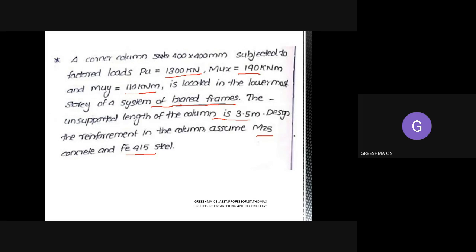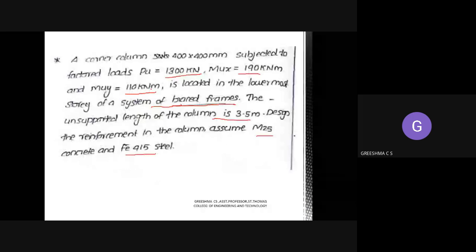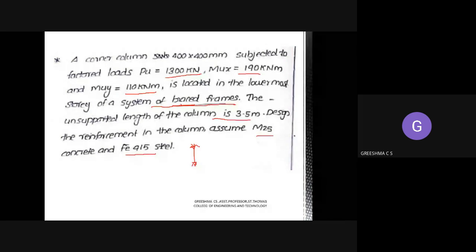So in case of braced frames, that will be coming under the case that one end will be fixed and the other end will be hinged. You have to refer to the IS code for that.